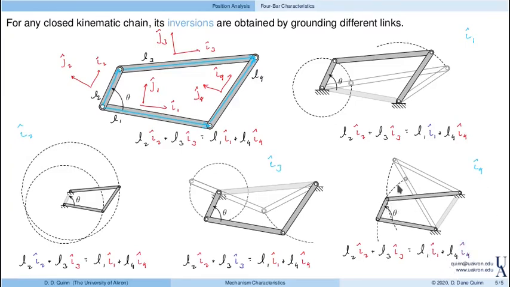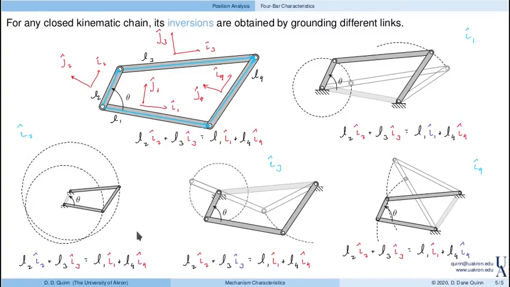And again, I've traced out the paths of these free connection points. This is a double rocker mechanism. So as this angle undergoes a complete rotation, we see that links 1 and 3 both rock back and forth. So that's why it's called a double rocker mechanism.